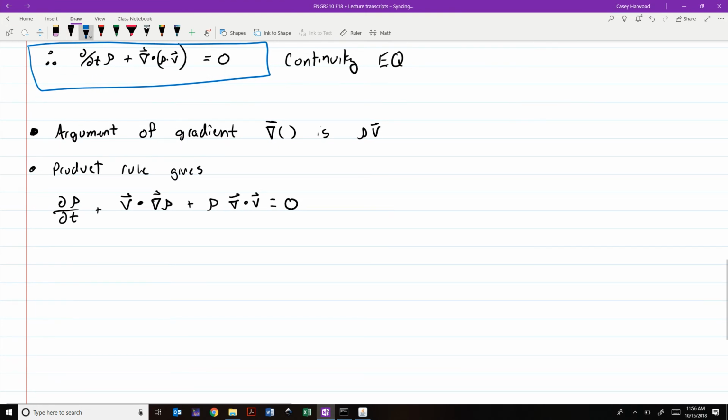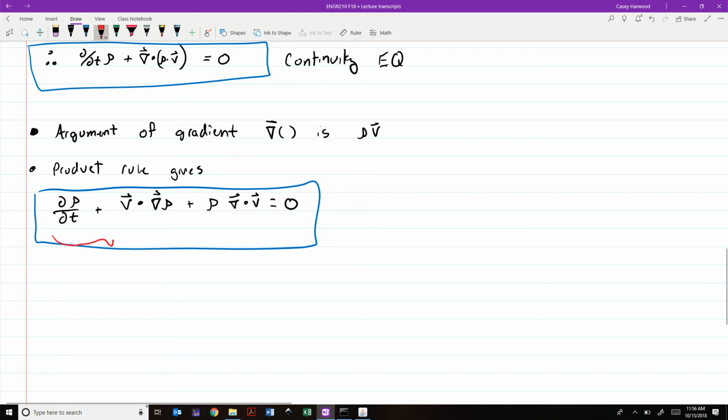Okay, so this is the same equation we have above. We just expanded out that second term. And I want to recognize this quantity right here. We've talked about what these two terms form, right?